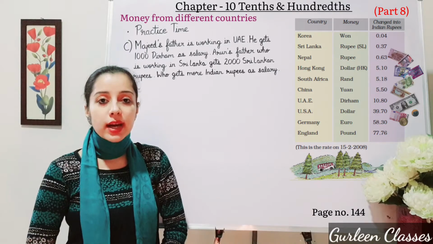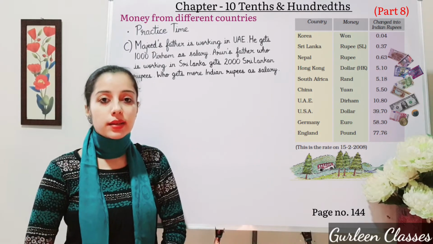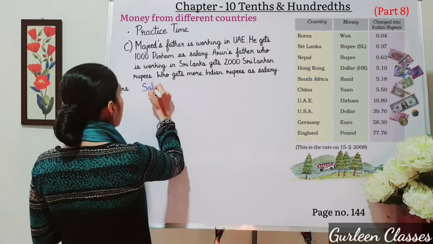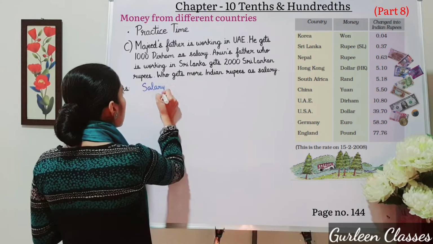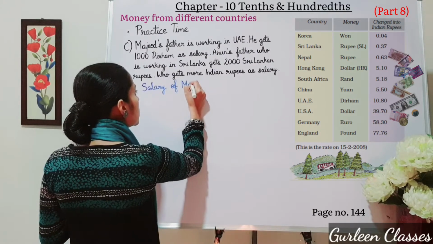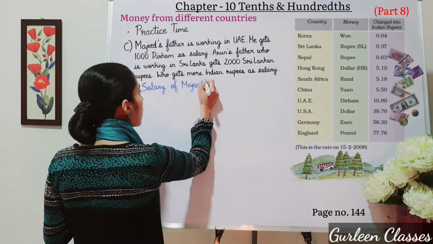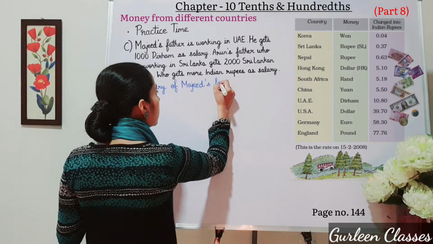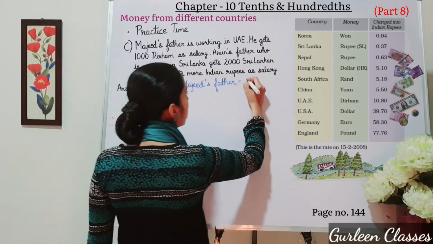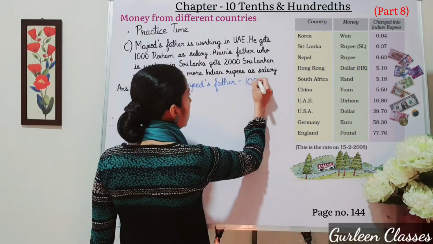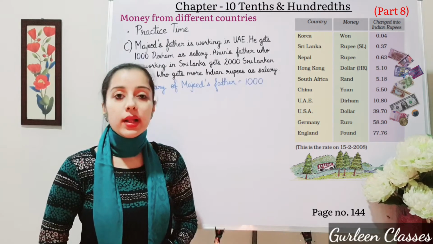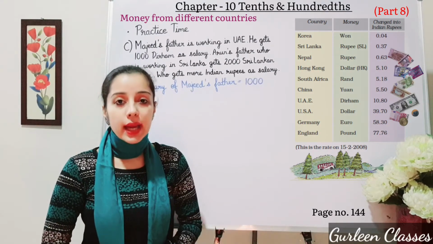So first let us write salary of Majid's father. How much is the salary of Majid's father? 1000 dirham as salary. Students, see the chart, there 1 dirham is equal to rupees 10.80.